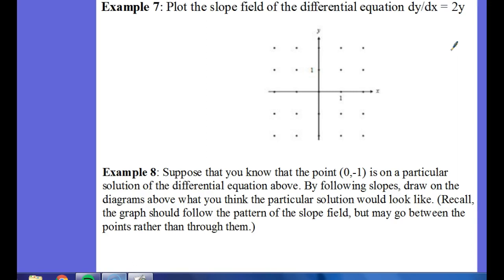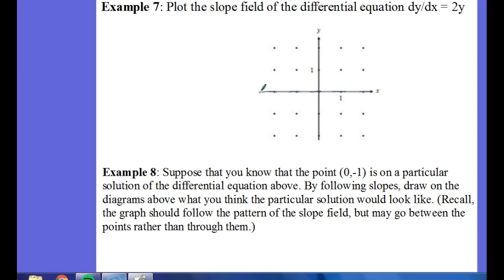What's that make the slope? 0. So everywhere y is 0 is along this horizontal line, the slope of this whole horizontal line is 0. So what's nice is when you only have one variable, it's going to be the same either straight across or up and down.